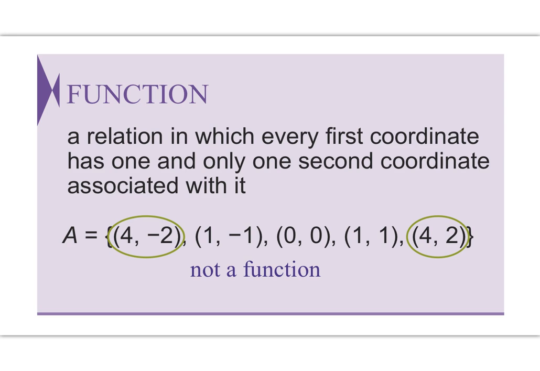So this example here is not a function because we have some x's, or we have the first coordinates that not only have one y coordinate or second coordinate, they also have a second one. So this 4 maps to -2 and to +2. And secondarily, we have a 1 that maps to -1 and +1. So this is not a function.